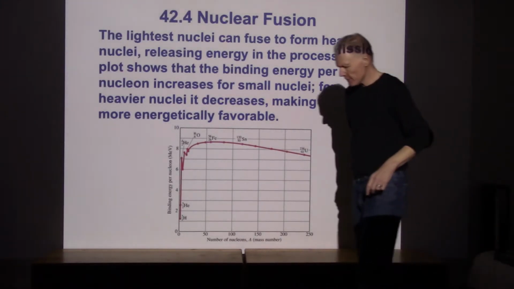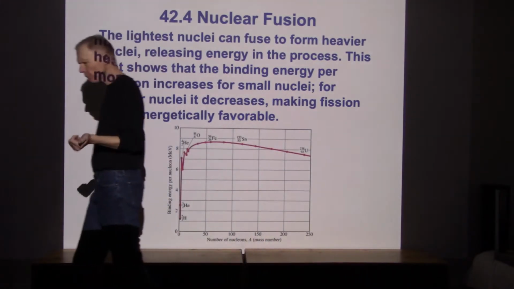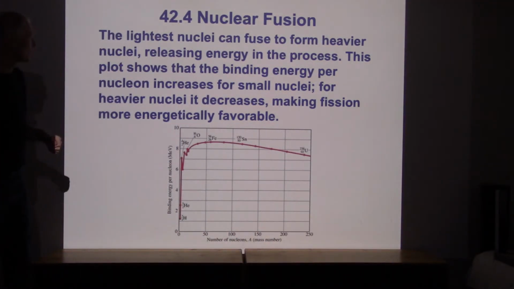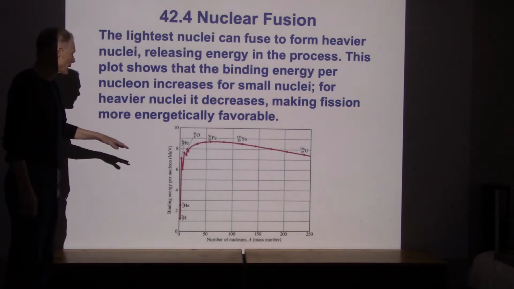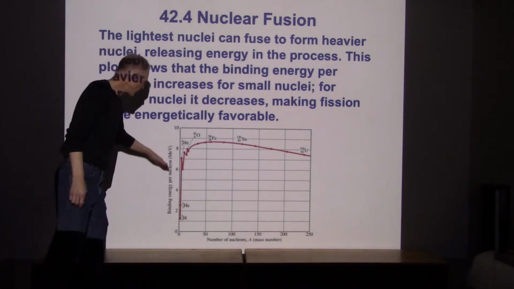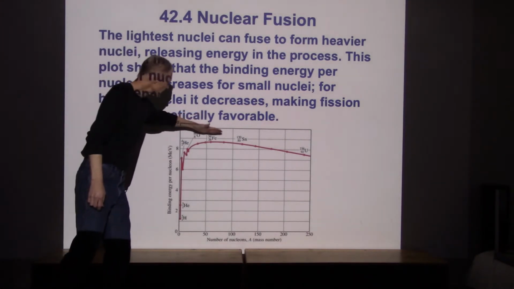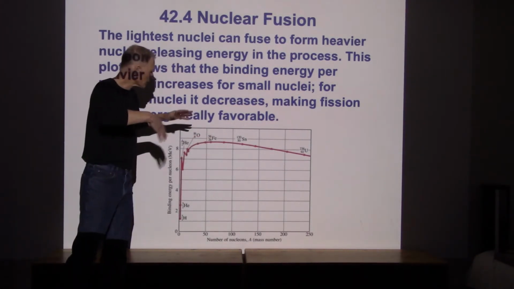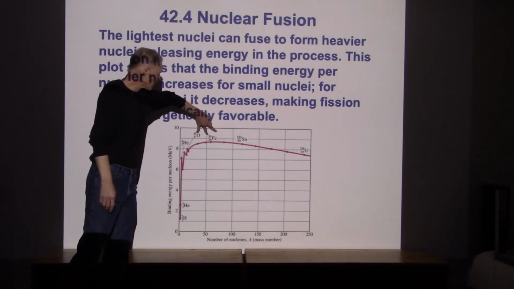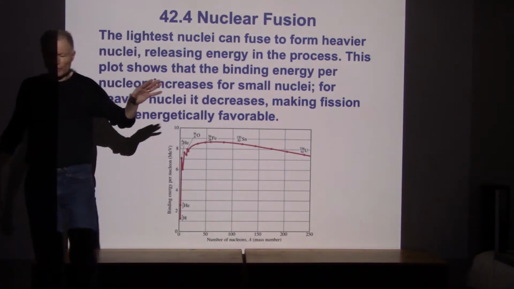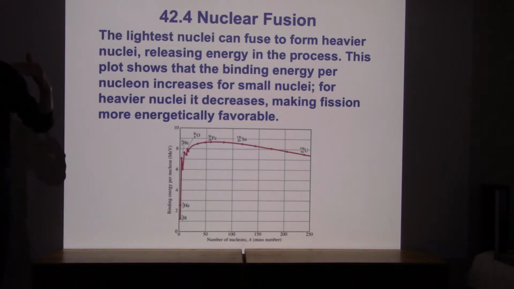Now, if you remember from the previous chapter, chapter 41, we had looked at this very same diagram, and what it's saying is this is the binding energy per nucleon, and the most stable nuclei are in the neighborhood of iron 56. So a lot of times we point to iron 56 as the most stable combination of protons and neutrons in nature.